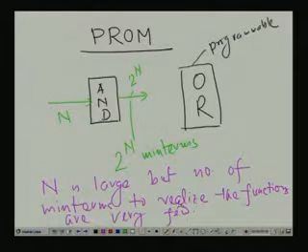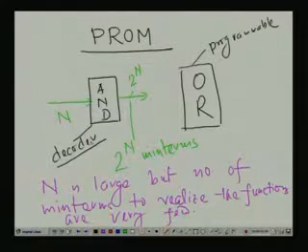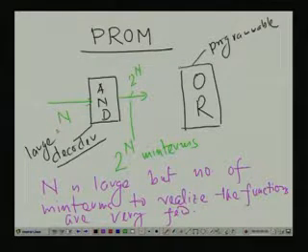As n is large, we need an n to 2 to the power n decoder, so we need a large decoder, but only very few min terms are used. So this is a wastage, the area would be very big. The predefined structure of the decoder is very large, but I have to realize only very few min terms. So this is very impractical in real life situations.